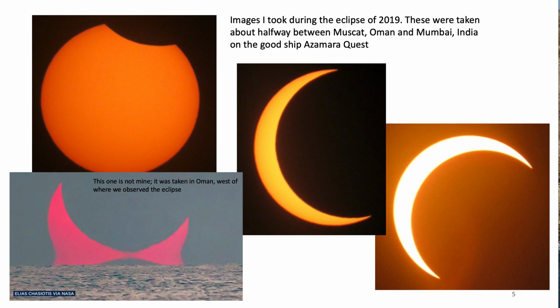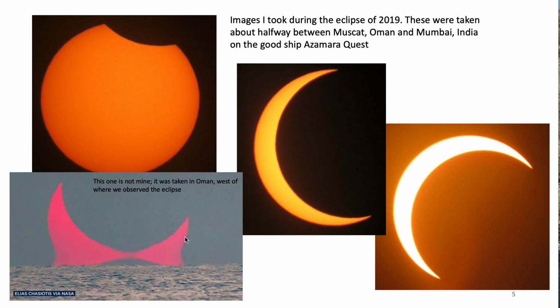Here's a selection of pictures I took during the cruise in December in the ocean. These three pictures are mine, and this one is famous. This was taken not far from where I was. I was out in the ocean on the way to India. This picture was taken in Oman, where the eclipse occurred at sunrise.